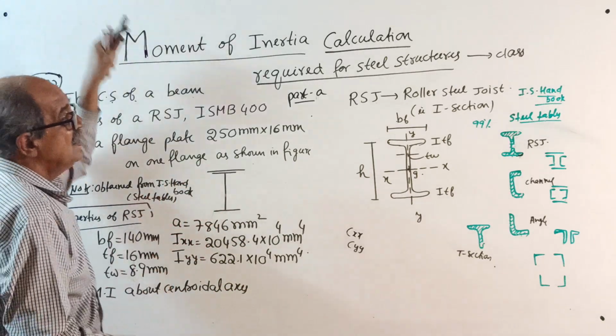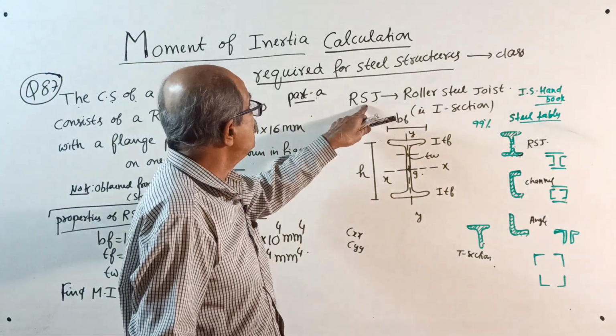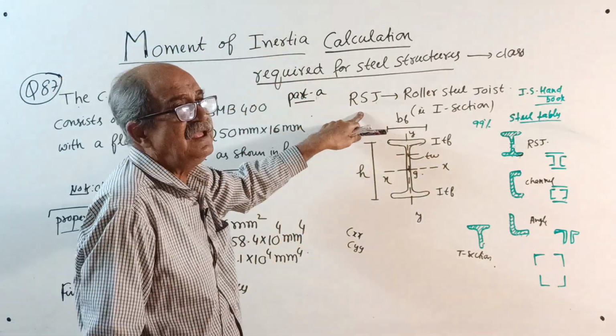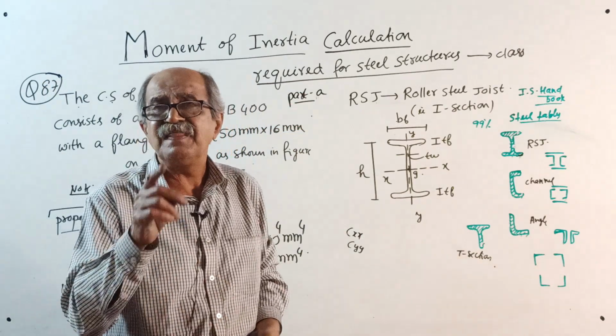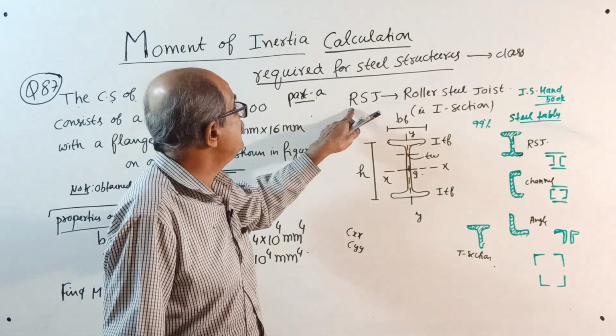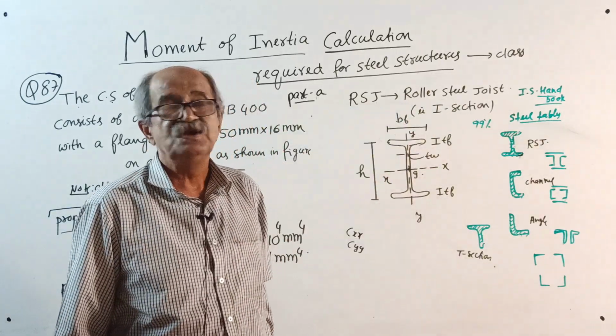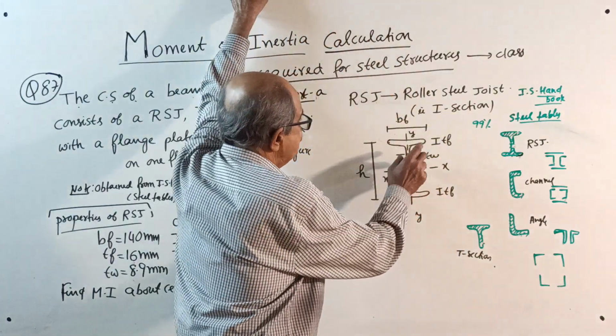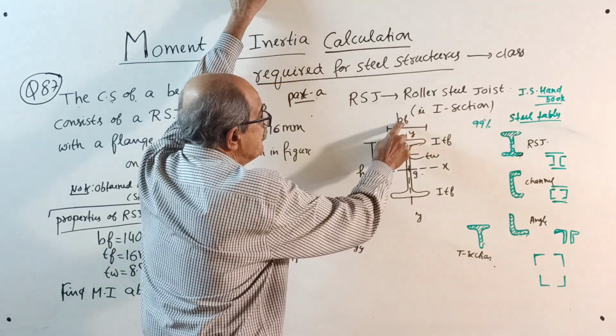Okay. Now, one by one I will tell. First, come to see in the question you can see RSJ. I will explain every section at that time. Today's class you require RSJ. RSJ means rolled steel joist, that is actually I section. See, for I section, this is called breadth BF.